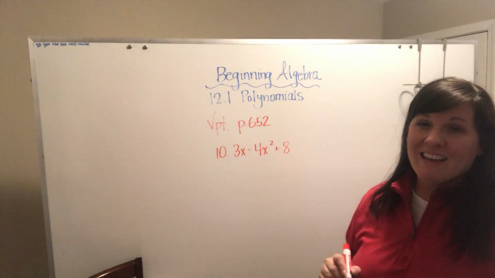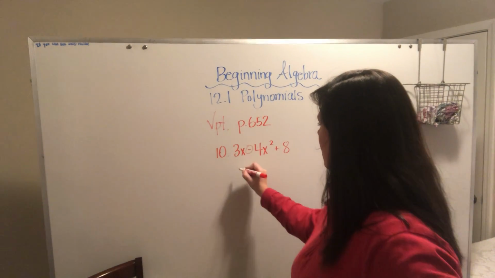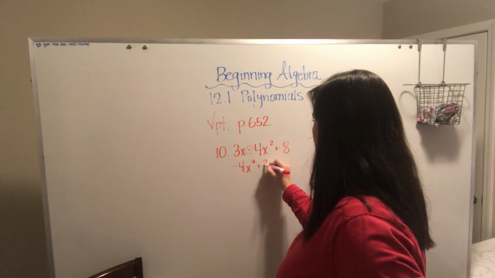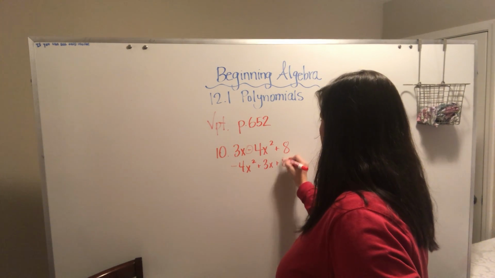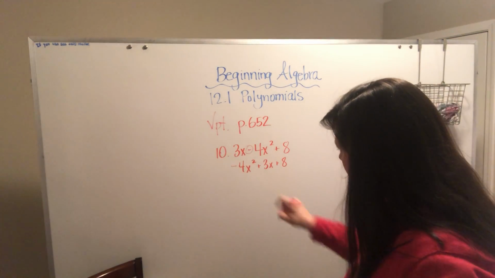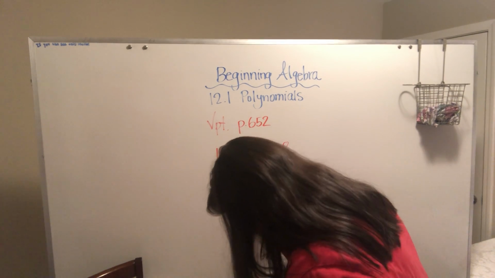In this case, it is simply reorganizing, but make sure you put the correct signs. This is a negative 4x squared plus 3x plus 8. Okay? Fairly straightforward. You're just going from the greatest exponential value to the least.